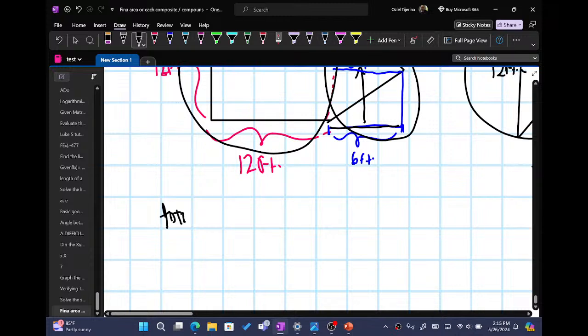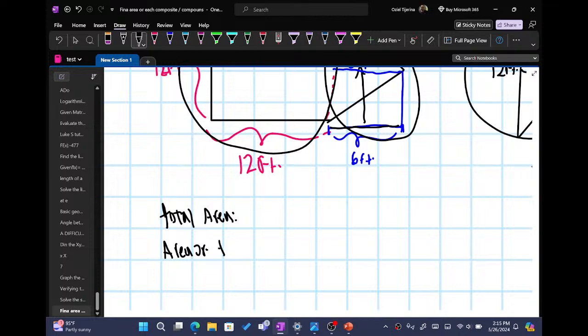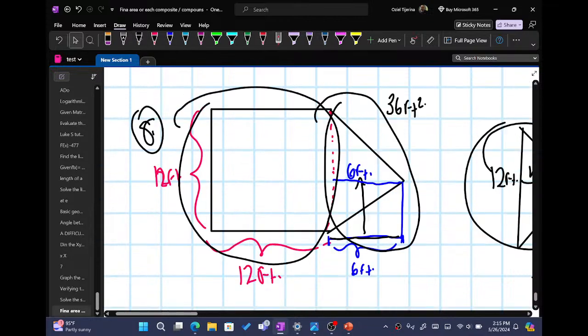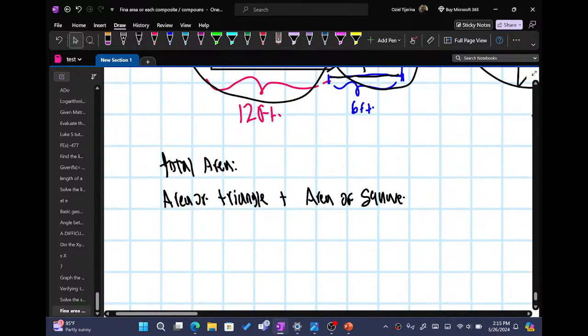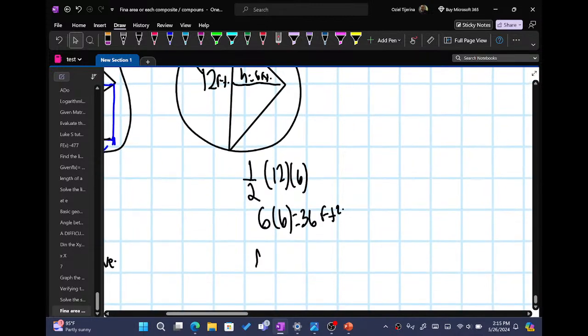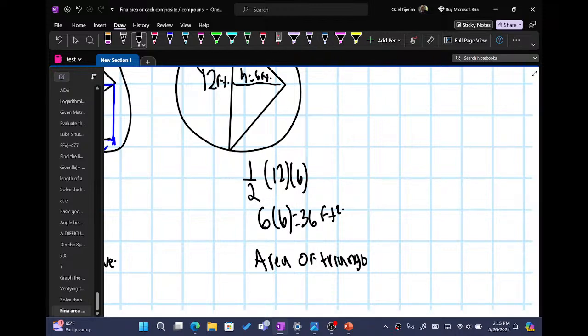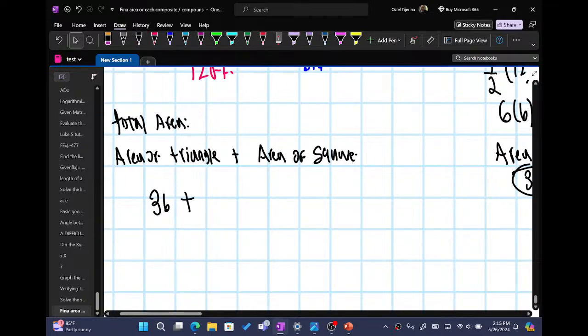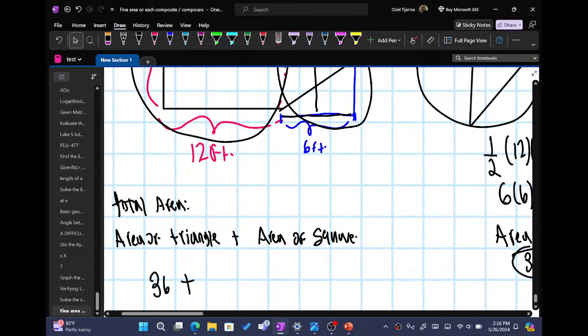So the total area is the area of the triangle plus the area of the square. The area of the triangle is 36, so that's 36 plus the area of the square, which is 12 times 12, which is 144.